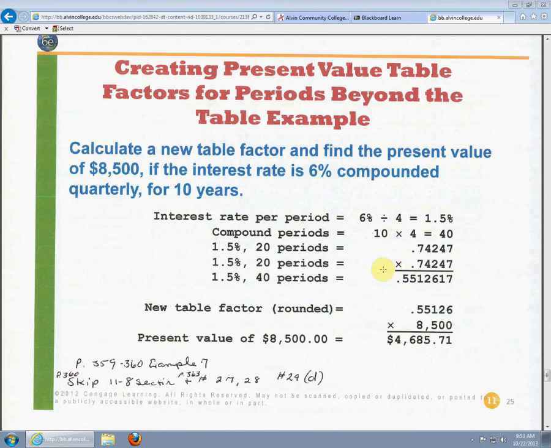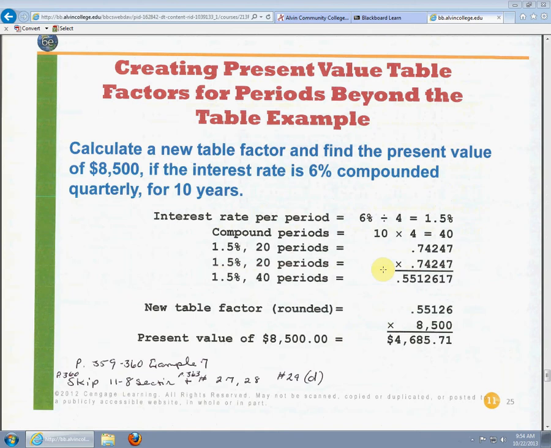What's the percent per period? Quarterly, it's 1.5. It's 10 years times 4, which is 40.